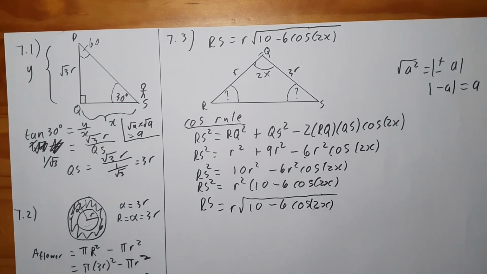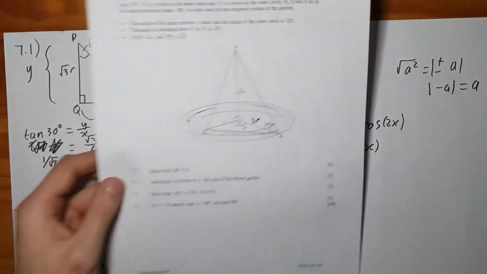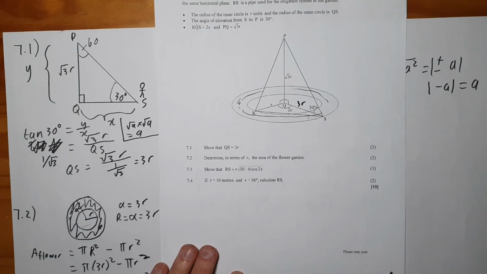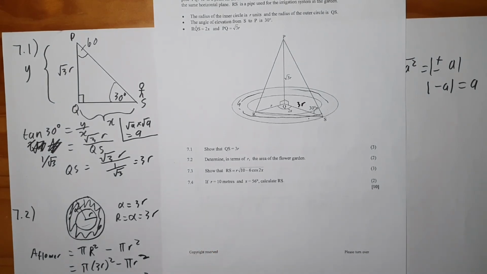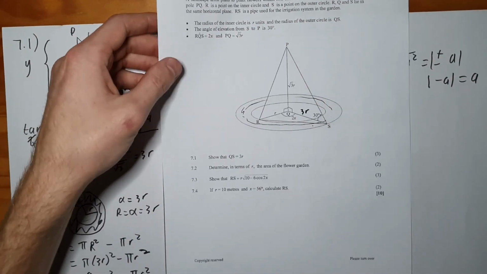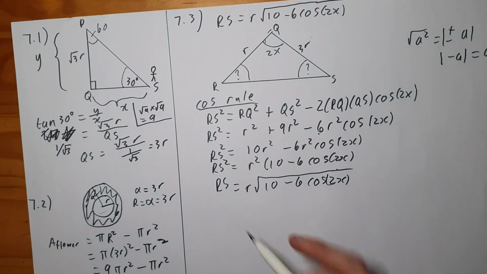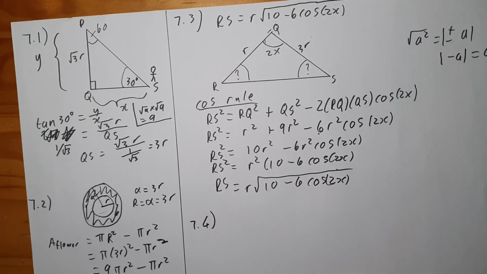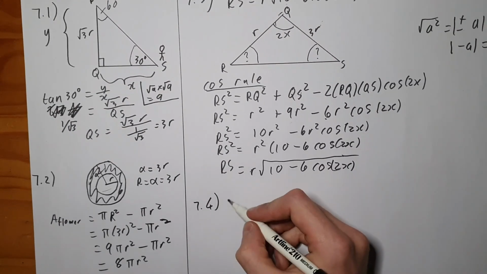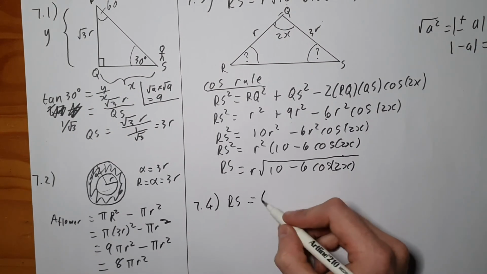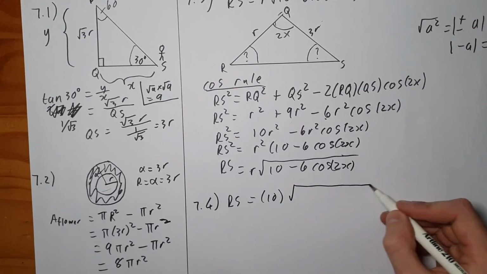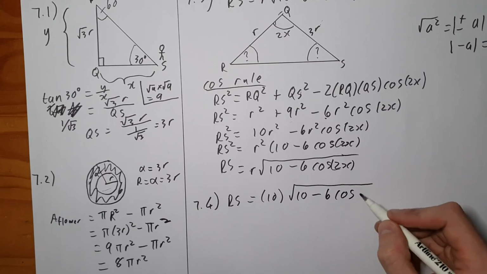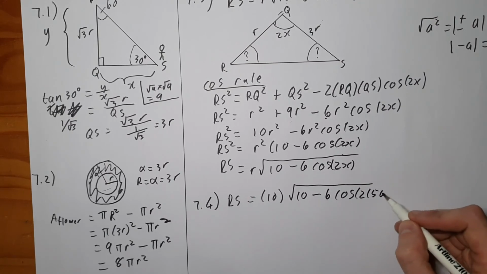Okay, now finally 7.4 says if R is equal to 10 meters and x is equal to 56 degrees, calculate RS. So now we have the formula for RS. All we have to do is substitute in the values. Using what we have in 7.3, RS is going to equal 10 times the square root of 10 minus 6 cos of 2 times 56.